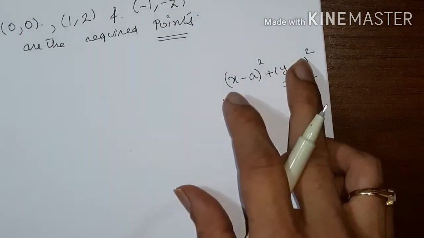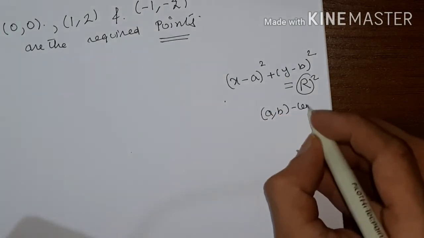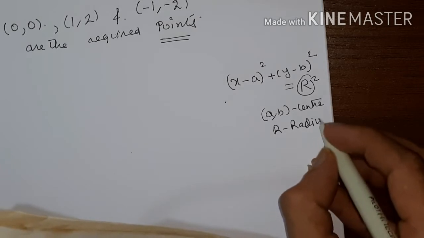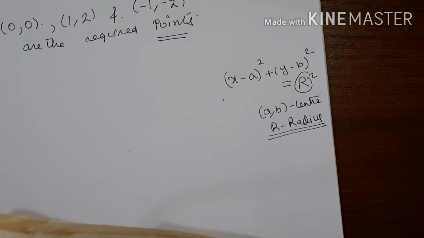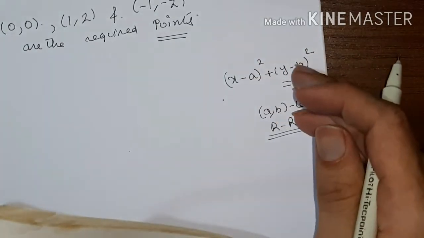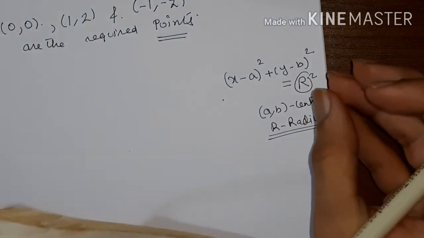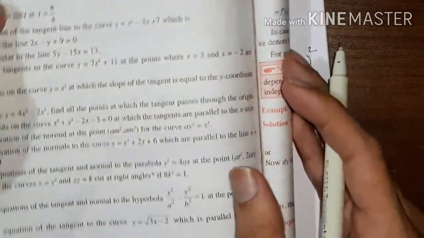And this a comma b will be the center, and r is the radius. So when you expand the brackets here, x minus a the whole square and y minus b the whole square, the left hand side will be in this form.